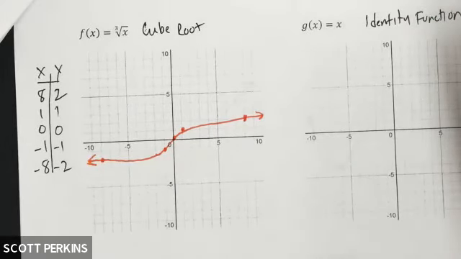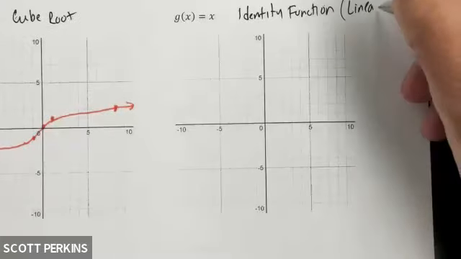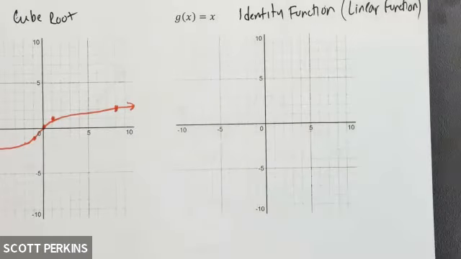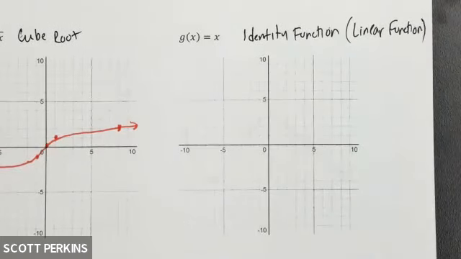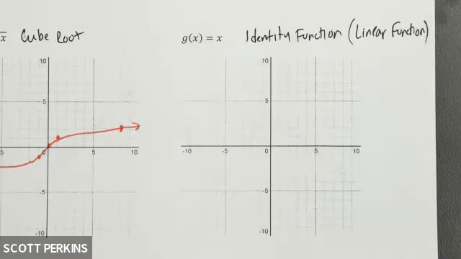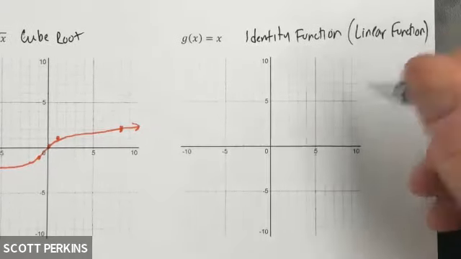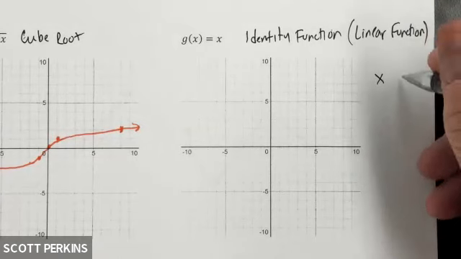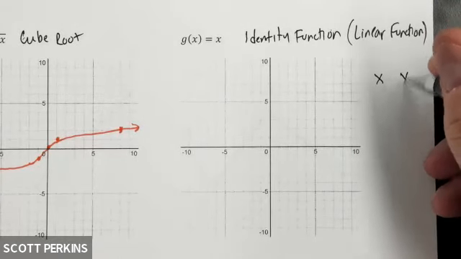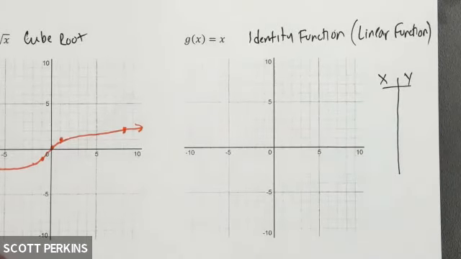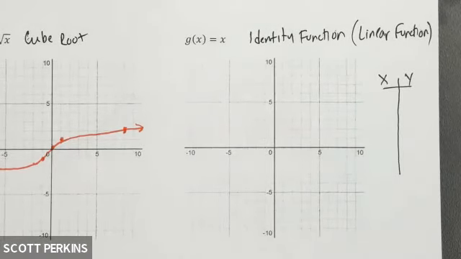If you remember y equals mx plus b, maybe you have nightmares about it because you didn't enjoy that unit in intermediate algebra. It's called the identity function because, as you can see, whatever x value you put in is just the y value that you get out. So whatever x's you pick, that's also going to be the y.